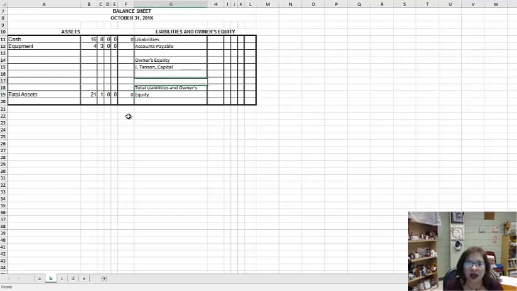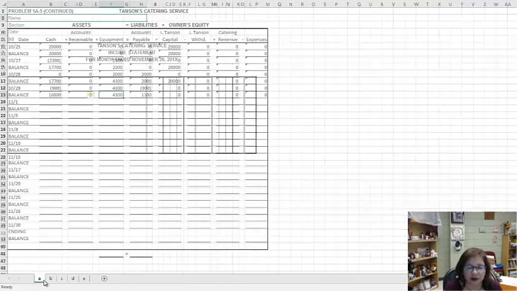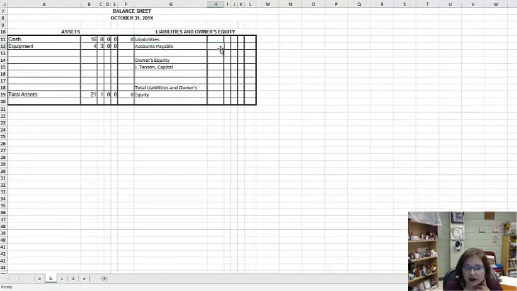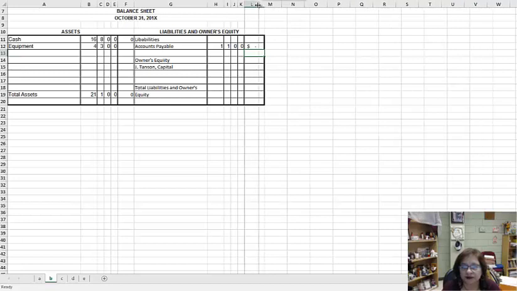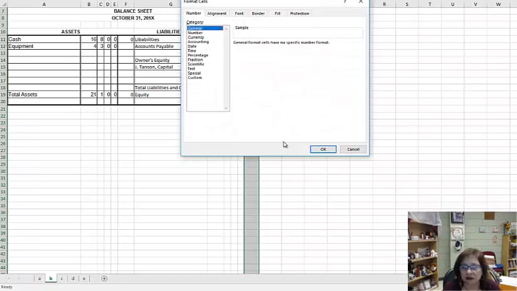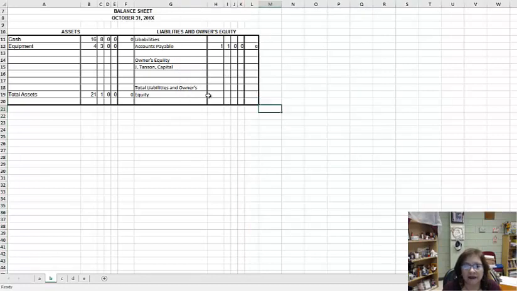Okay. Then you do the same thing with your liabilities. How much do you have? Remember, opposite one. Liabilities, you have $1,100. So you're going to put that in right here on your accounts payable. Again, you'll format that if you want to. Go back to format cells, General. Then you're going to take what his capital is.